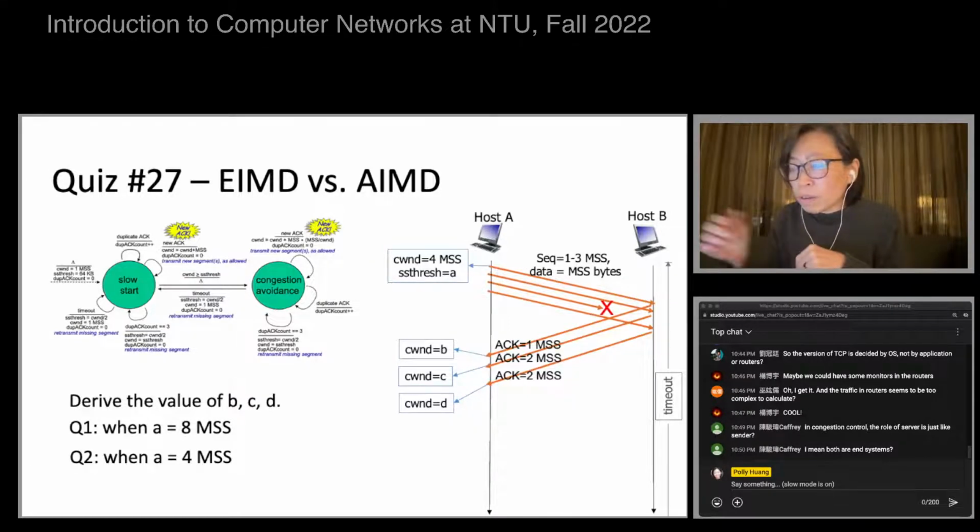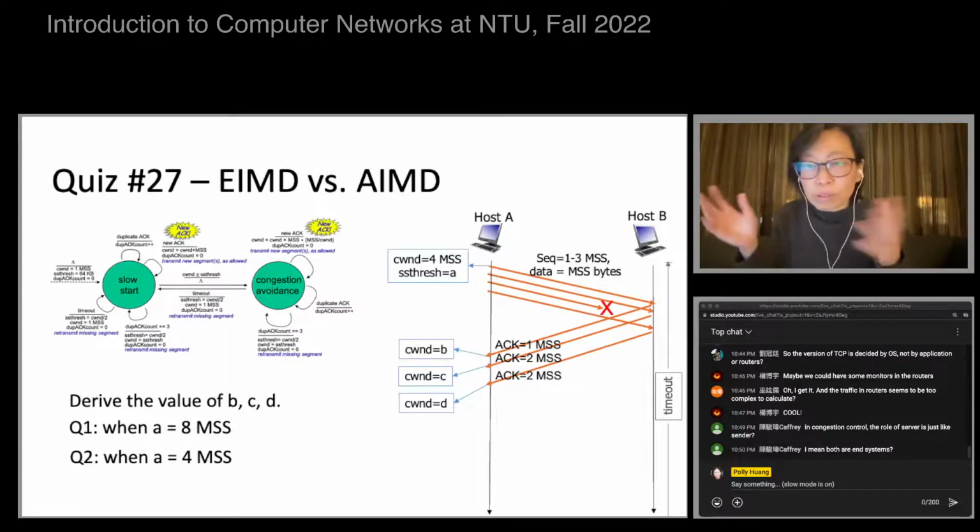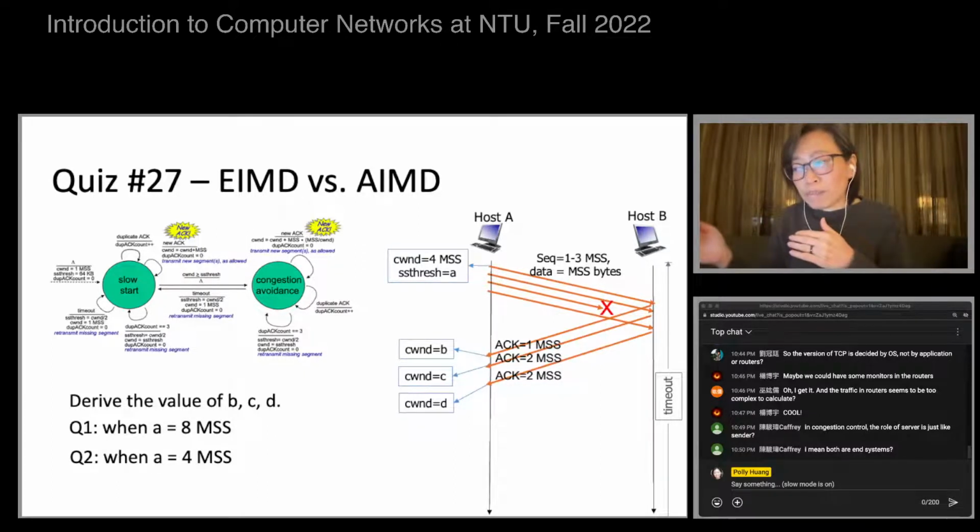The first ACK acknowledges the next expected byte. After receiving byte 0 to MSS minus 1, the next byte expected is 1 MSS. Similarly, the second ACK sequence number is 2 MSS. The third ACK is triggered by the fourth packet, and it's a duplicate ACK, so the ACK sequence number is again 2 MSS.